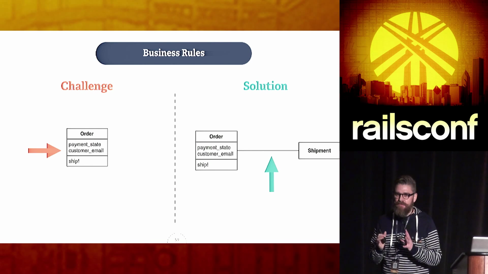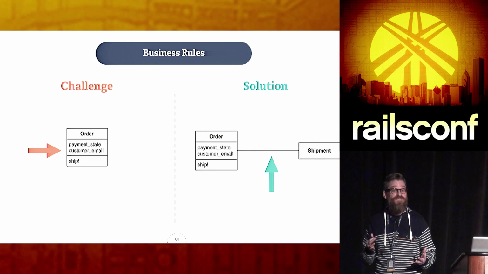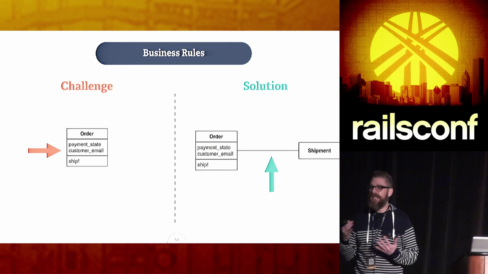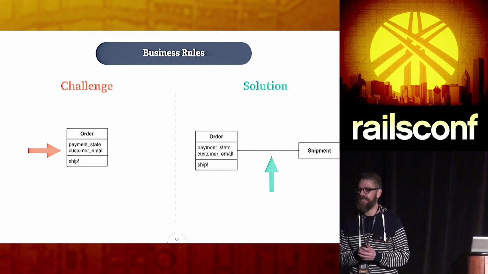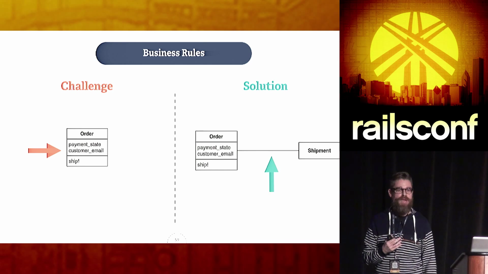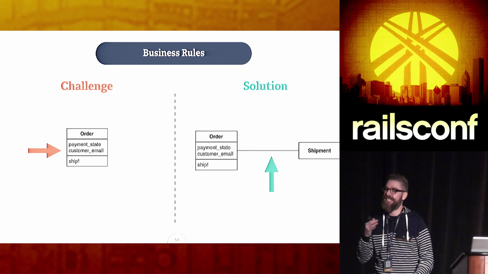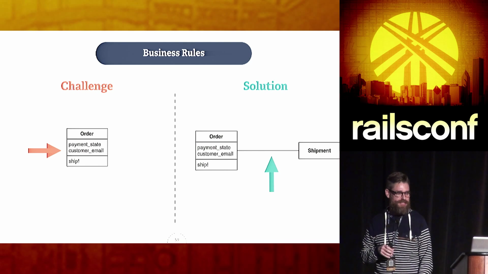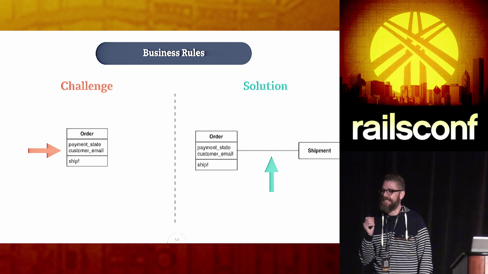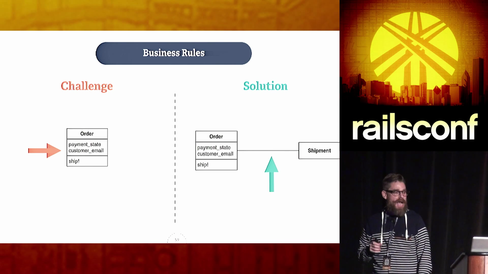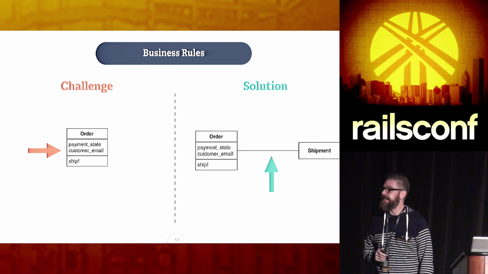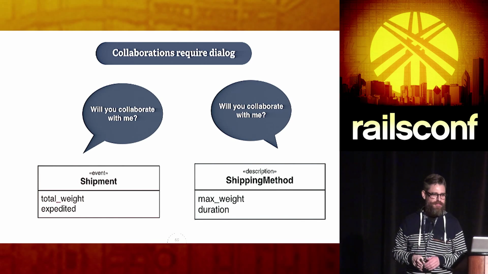Now, often when we think about business rules, we think about validation rules, where we're just validating that an email is present, or that it's in the correct format, such as using a regular expression for that email address. But business rules extend beyond this. They govern or validate collaborations.